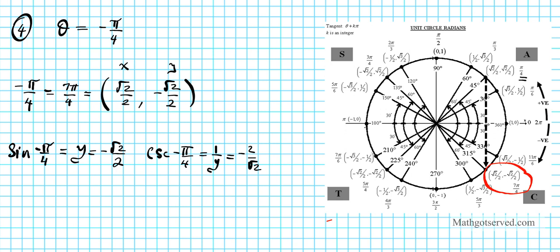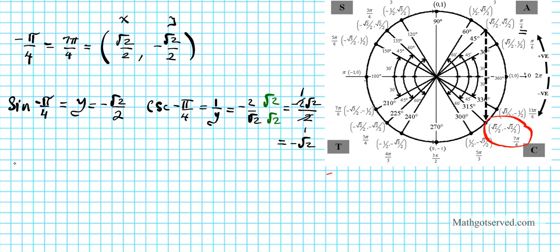Rationalize the denominator, root 2 top and bottom, and that yields negative 2 root 2 over 2. These can also divide out, 2 goes here 1, 2 goes here 1. You have negative root 2 for your cosecant of negative pi over 4.